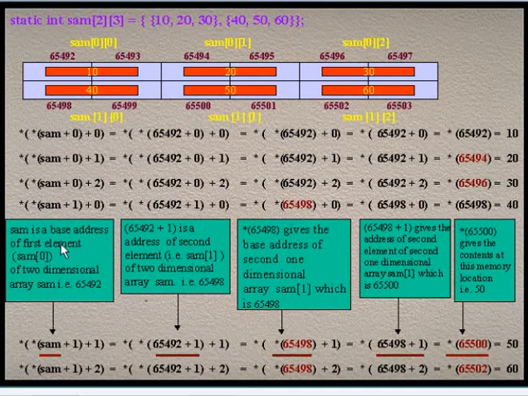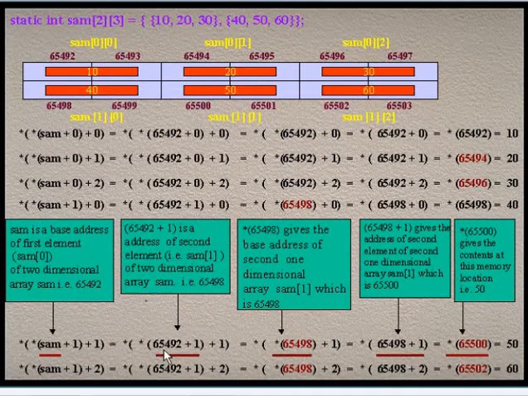So sam is the base address of sam[0]. The base address is 65492. Hence here I replace the word sam by 65492. Understood this concept? Well, next point.